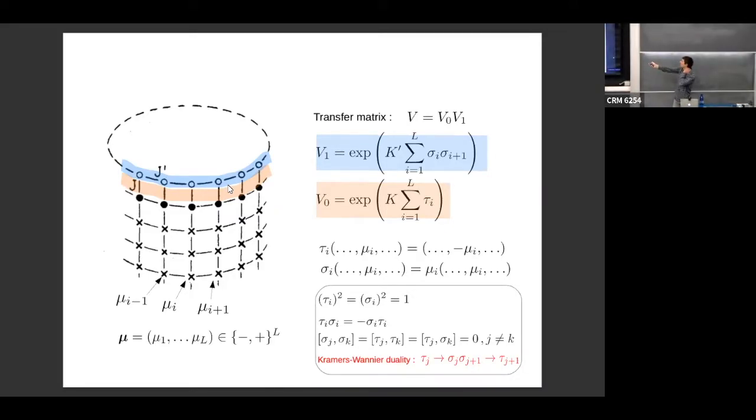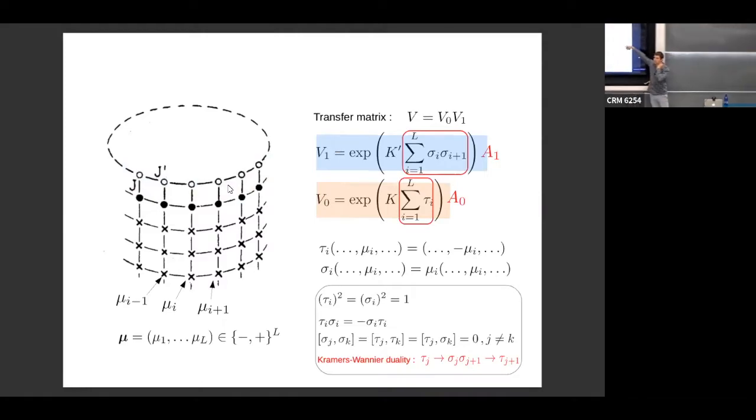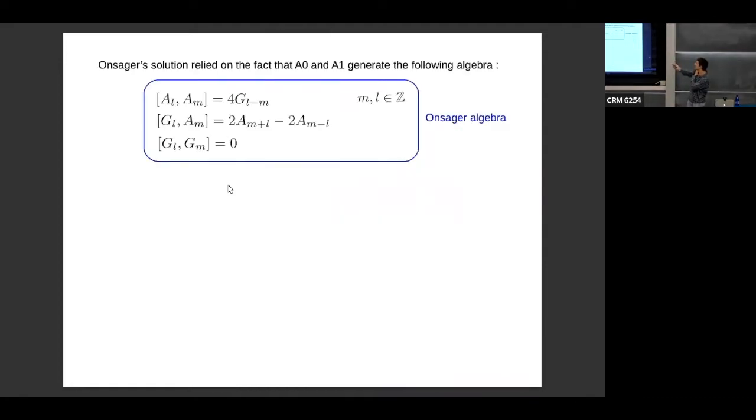Okay, so let's introduce two objects called A1 and A0, which are the arguments of these exponentials here. You see that they're dual to each other under the Kramers-Wannier duality. And those two are really the instrumental bits in Onsager's solution. I won't go into detail, but what's interesting for us is the following. They generate an algebra.